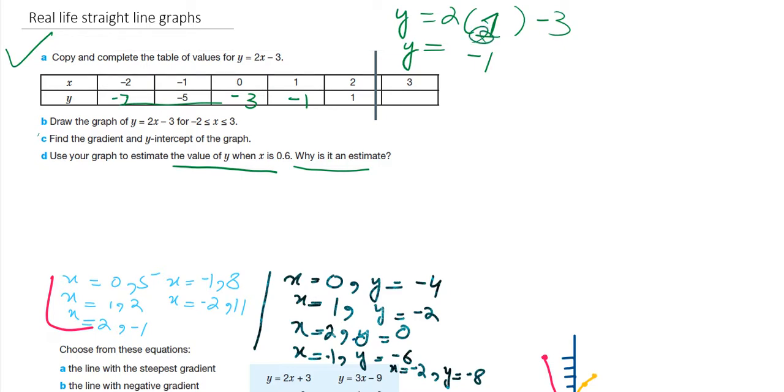And now we have to put 3 inside the value of x, and that would be 3. Okay, we are done with part 1. We have completed the table, and now we are going towards drawing the graph.